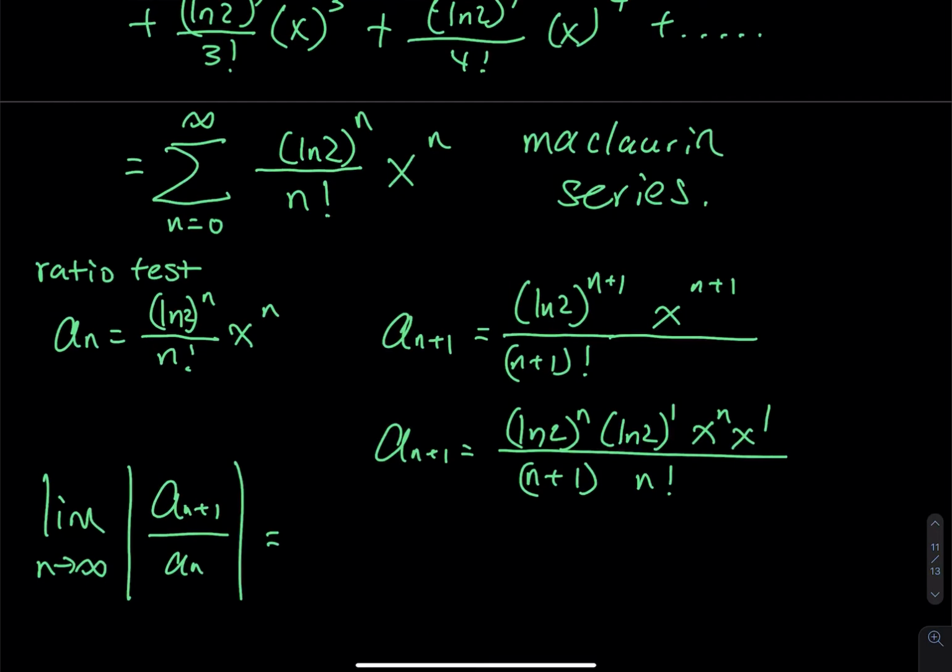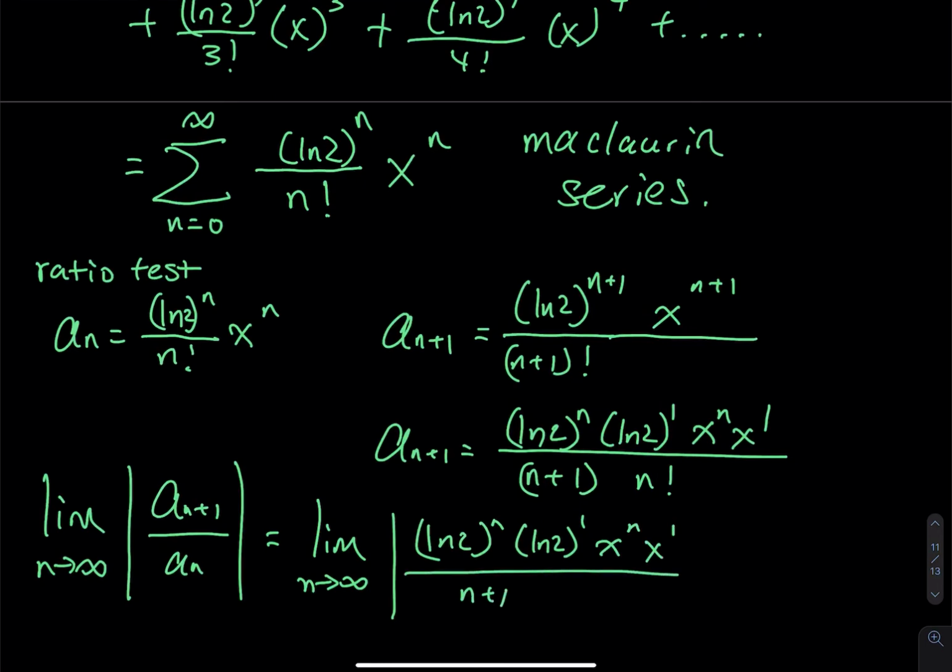So that is equal to the limit as n approaches infinity. What do we have? We have ln2 to the n, and then ln2, and then x to the n, x to the first divided by n plus 1 times n factorial, the reciprocal of a(n). We have n factorial on top, and then the rest goes to the bottom: ln2 to the n, x raised to the n.